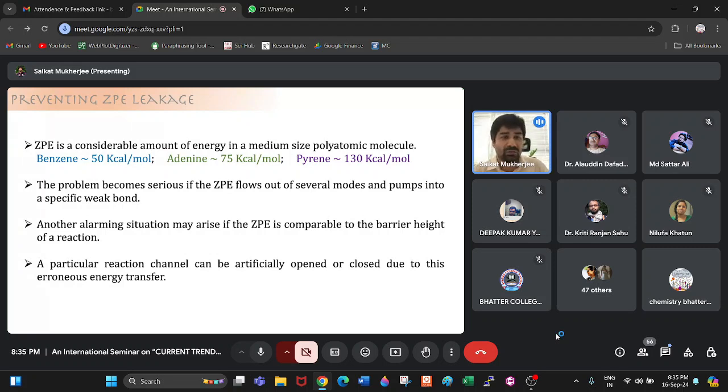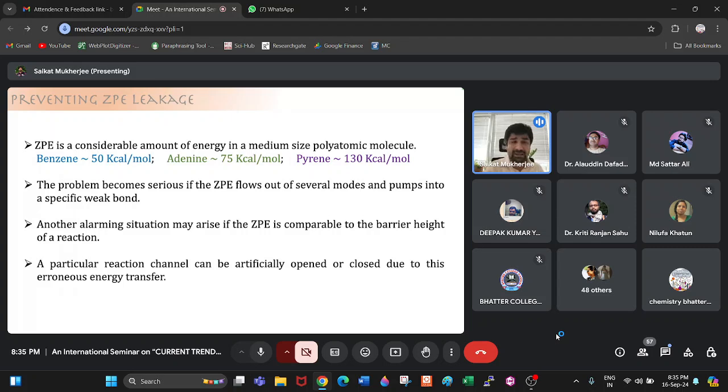Imagine a situation where the zero-point energy flows out of several modes and accumulates into only one single mode, specifically a weak bond, let's say CH stretching. Then it will immediately dissociate. The hydrogen immediately dissociates from the carbon.